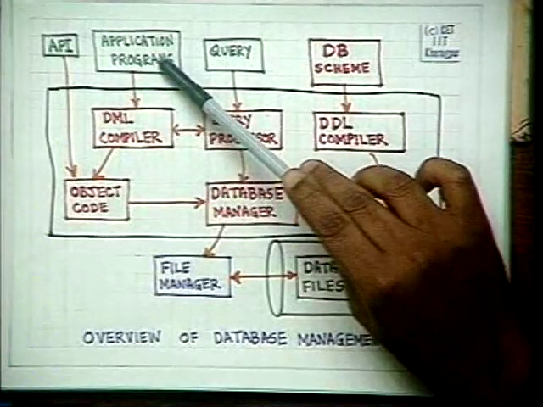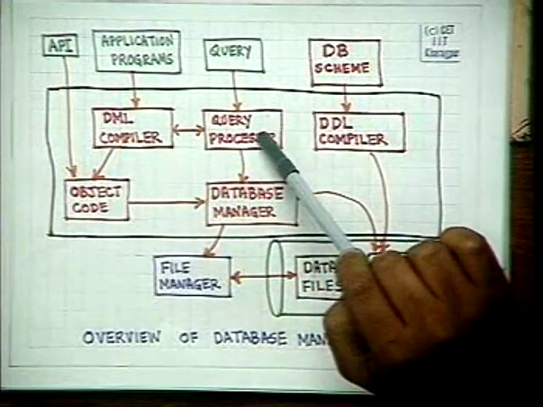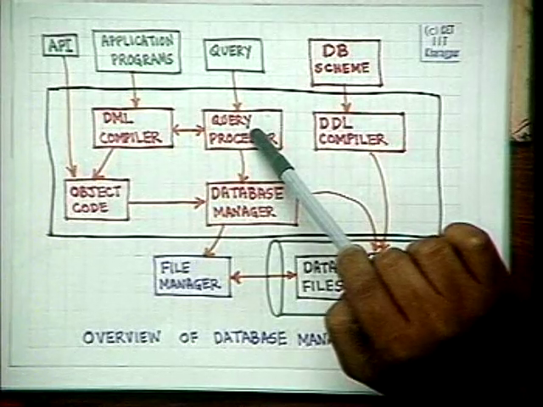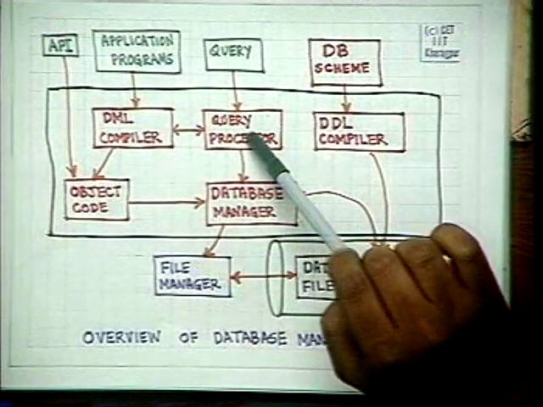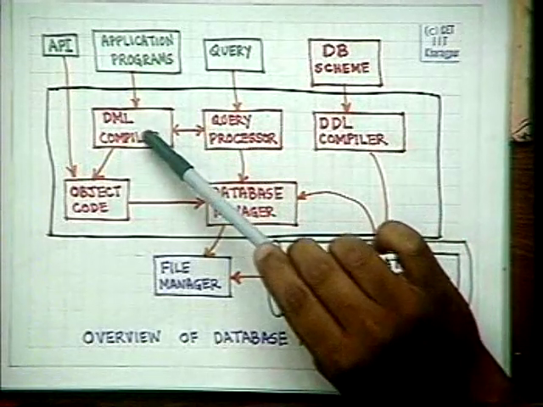The application programs may be procedural codes with embedded queries. Queries may be embedded. It is like a C program with some high level calls embedded in it. So sometimes for DML compilation you may require a query processor who will return you what is to be done at that point of time.